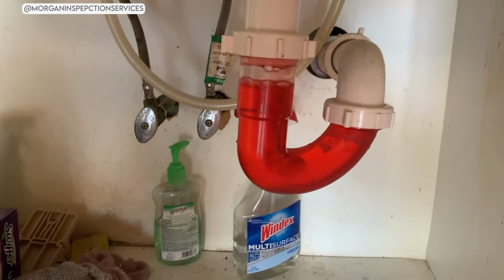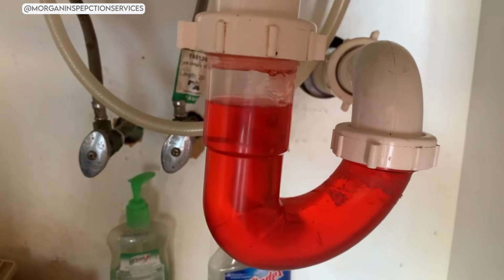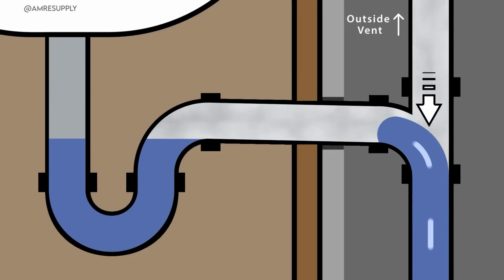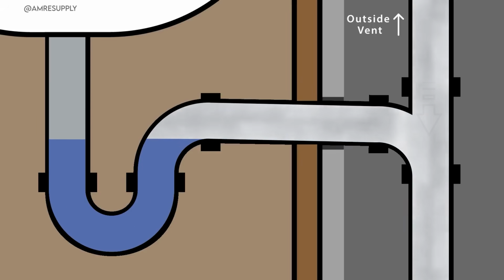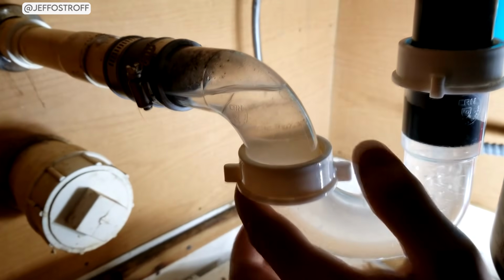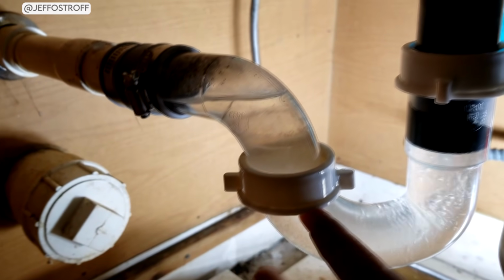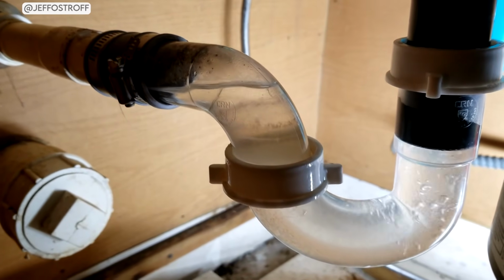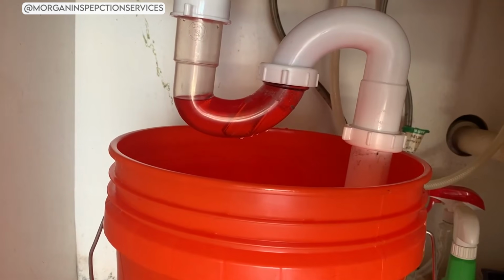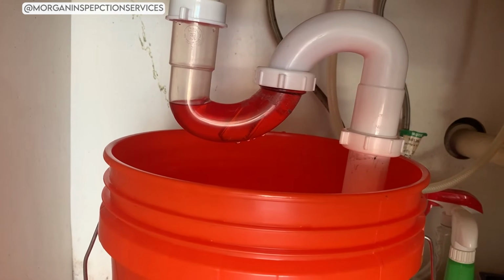Every time you run the faucet, the water in the trap gets refreshed. When you turn the faucet off, a small amount of water stays behind in the curve, and your seal is restored. It is a beautifully simple system when it works properly. The problem with S-traps is that they have a design flaw that can destroy that seal completely.